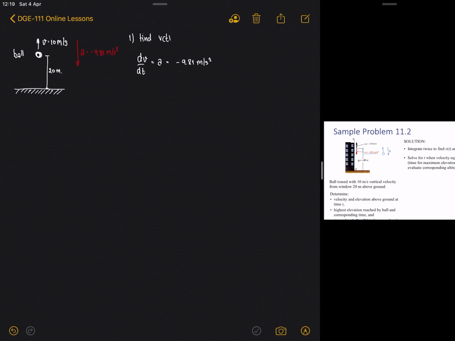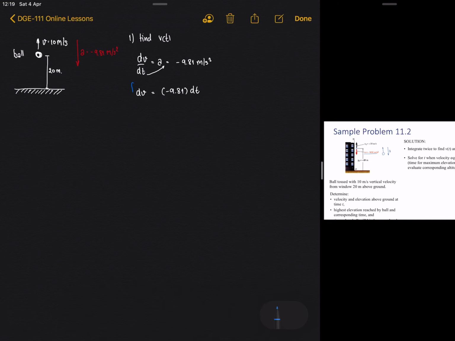When you do the integration, because you would like to get the velocity, you move this here, then you get dv equal to a, which is already a constant number, minus 9.81 dt.